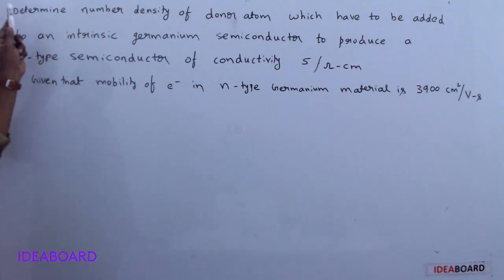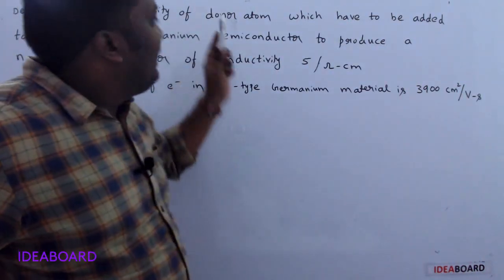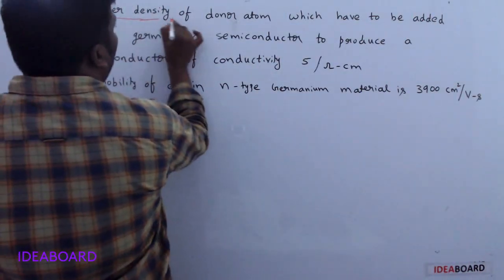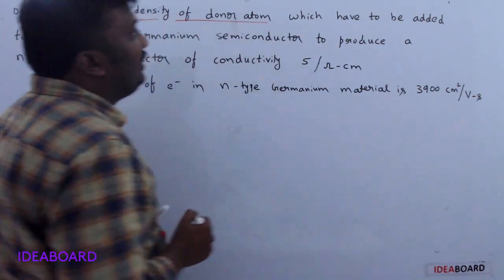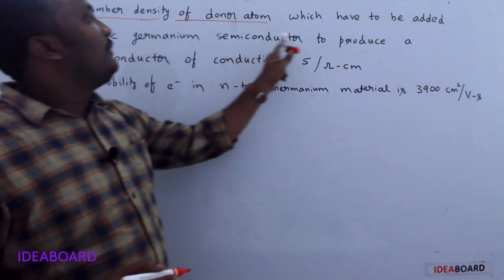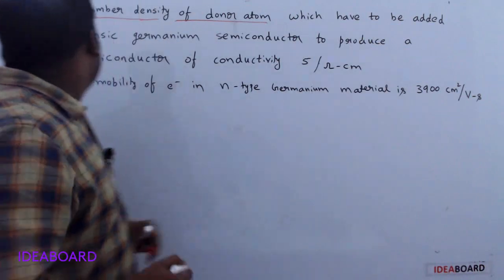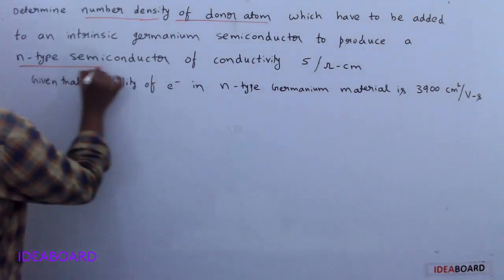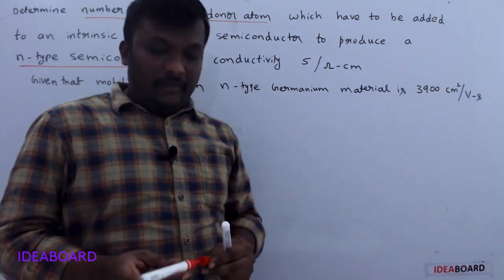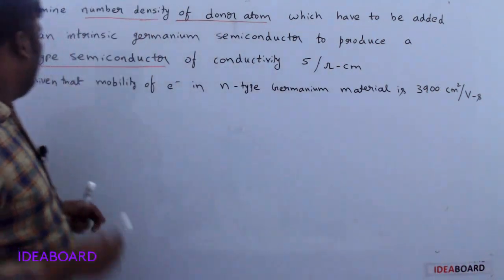So the next numerical is: determine the number density of donor atoms which have to be added to an intrinsic germanium semiconductor to produce an n-type semiconductor whose conductivity value is given.